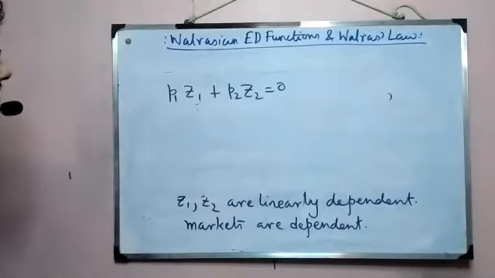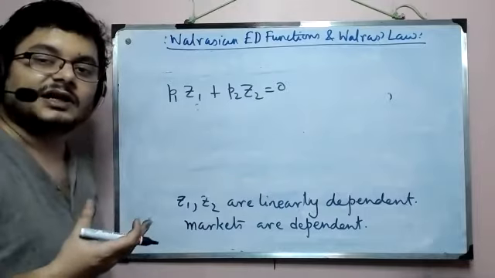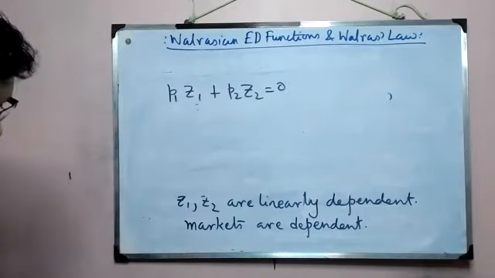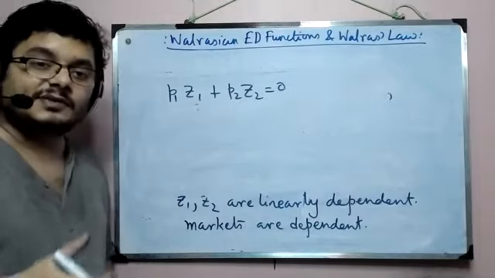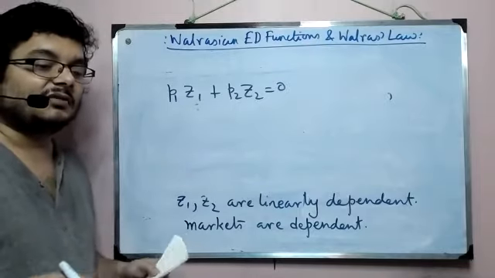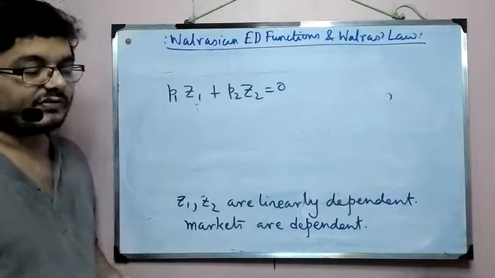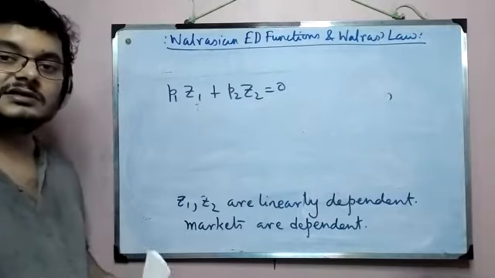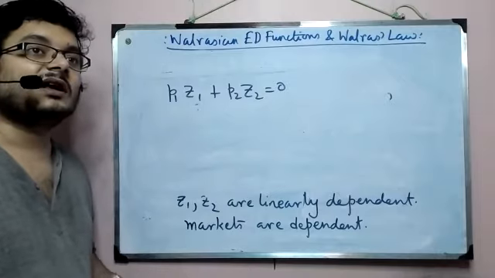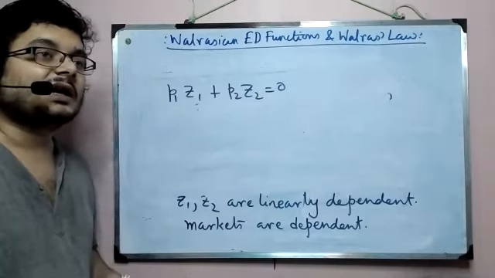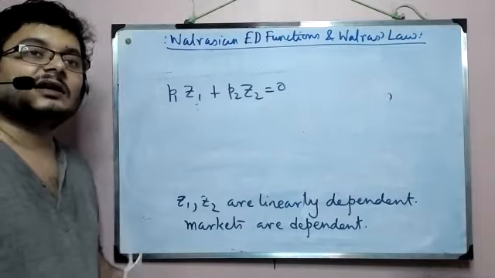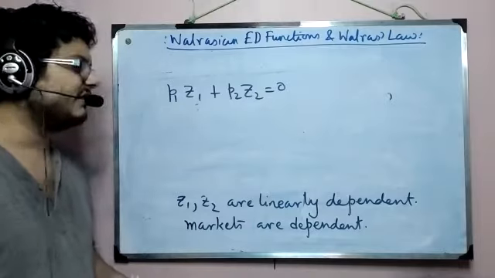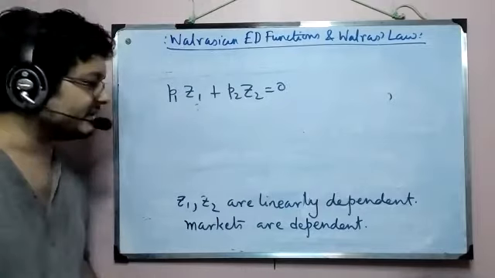Linear algebra tells us that if we have a dependent set of vectors, then at least one of them can be expressed as a linear combination of all the others. I'll say it again: if we have a dependent set of vectors, then one of the vectors can be expressed as a sum of the other vectors.